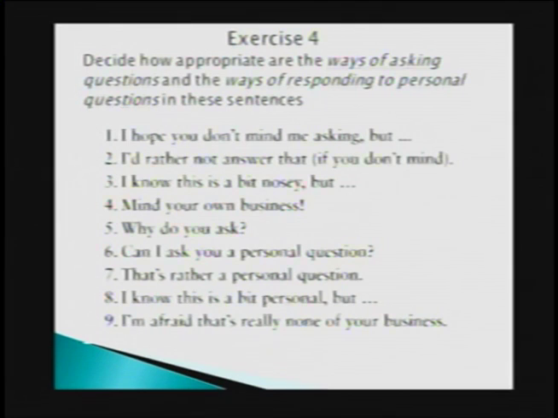We have expressions, number 1, to ask questions, and other sentences to respond to personal questions. Are they appropriate? Yes or no? Let's see. Number 1.